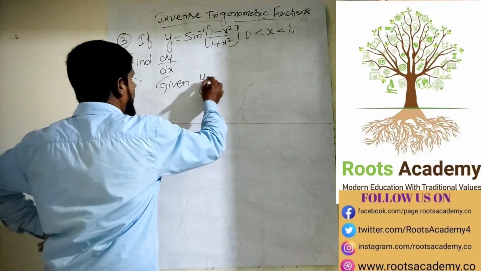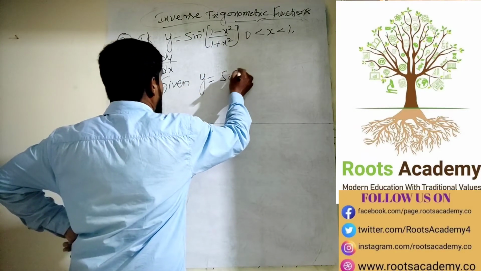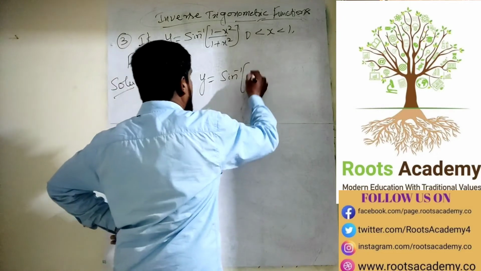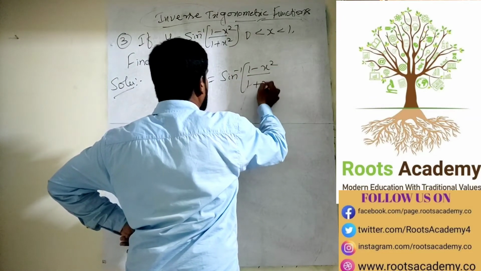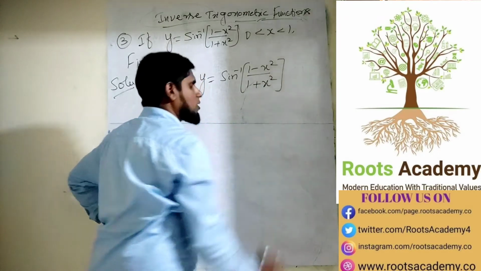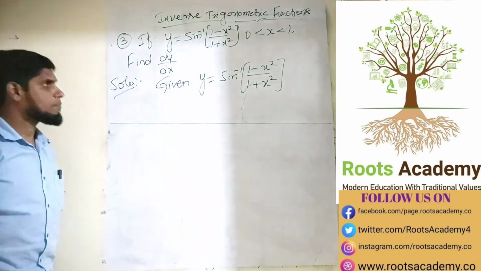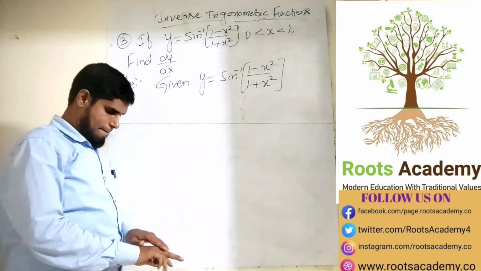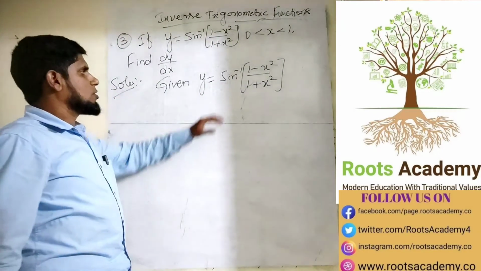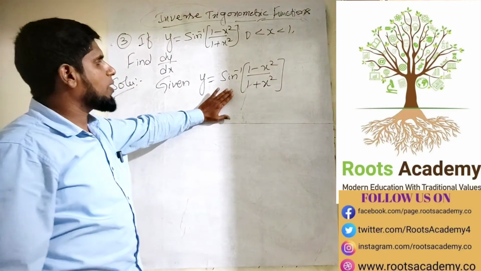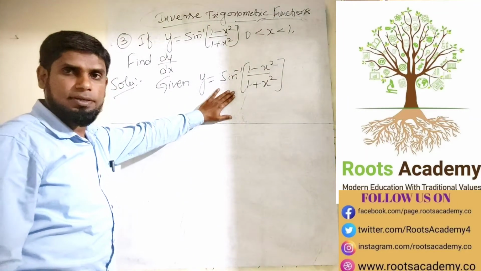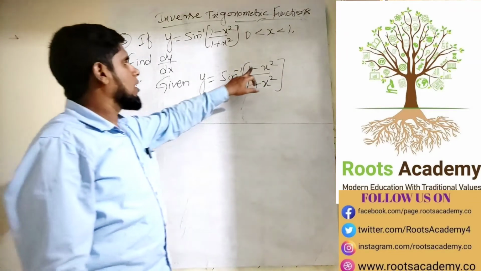Given y equals sin inverse of (1 minus x squared) divided by (1 plus x squared). Students, here I will put x as tan again, because the only reason is I have the formula.